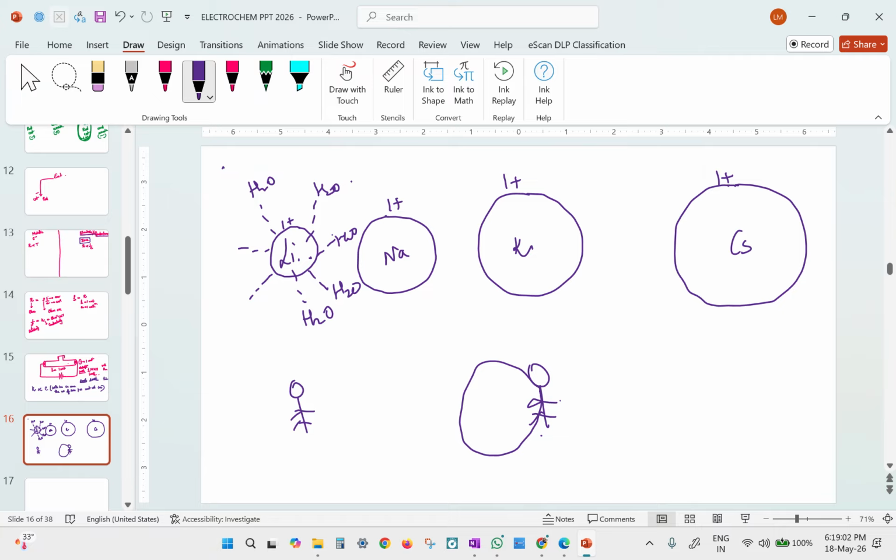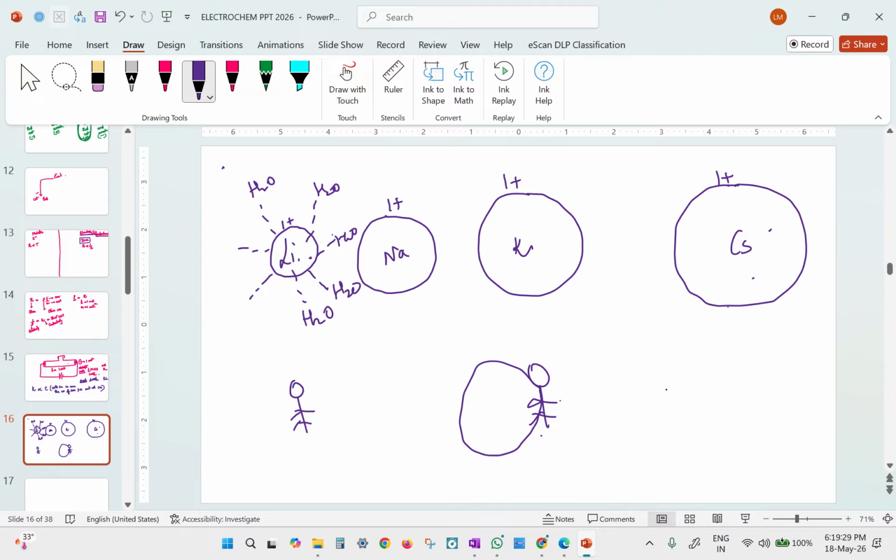With increase in the size, the charge density decreases. When the charge density decreases, it is not very attracted to the water. So the overall baggage size reduces. It's only the ion, not the water with it, that has to travel. So it is free of those water molecules.